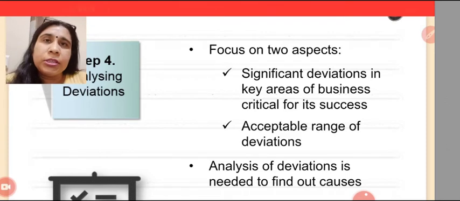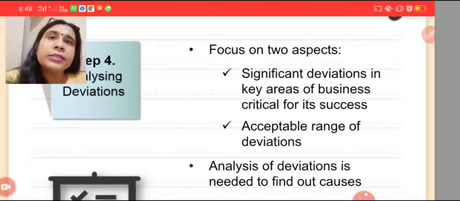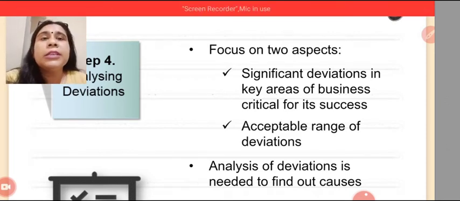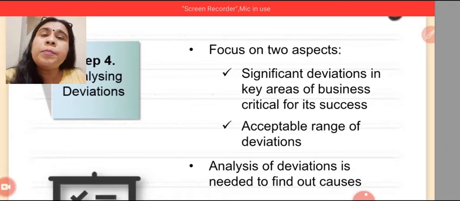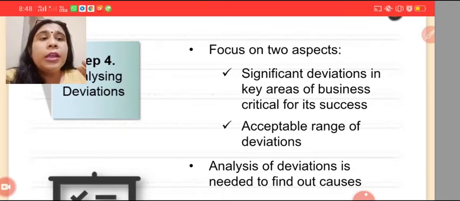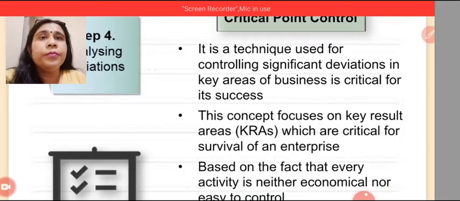That is decided at the time of setting the standards. So now when we are analyzing the deviations, we will see whether we are deviating beyond the permissible limit or not. Analysis of deviation is needed to find out the causes.